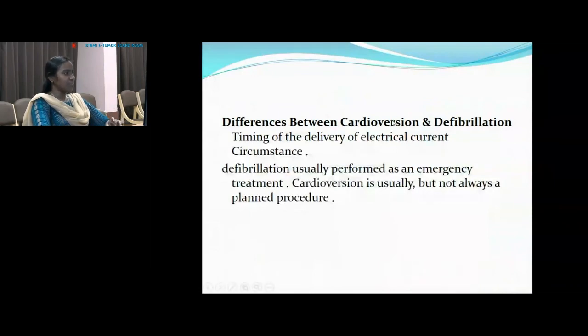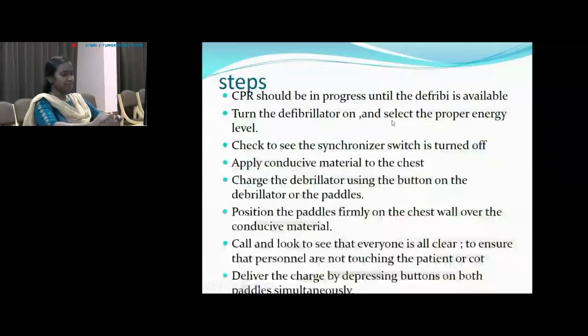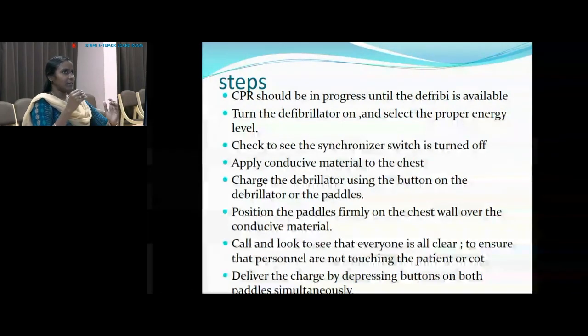And the steps: CPR should be in progress until the defibrillator is available. So when you observe VTAC or ventricular fibrillation in the ECG, we must immediately start defibrillation, but it may take some time for the defibrillator to reach the patient's side. So by that time, CPR should be continuously in progress.